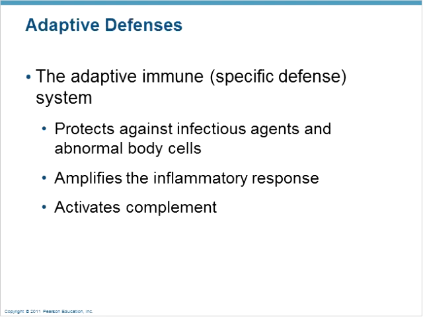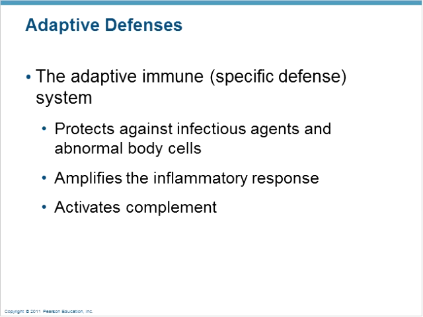We have adaptive defenses also. We talked before about inherent defenses, but adaptive defenses are immune-specific defenses. This is where the body creates an actual response, a smart bomb, if you will, that attacks a very specific bacteria or antigen. It protects against infecting agents and abnormal body cells, and it amplifies the inflammatory response because it's much more specific.